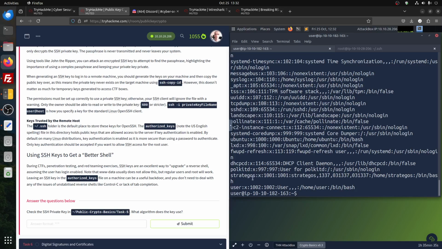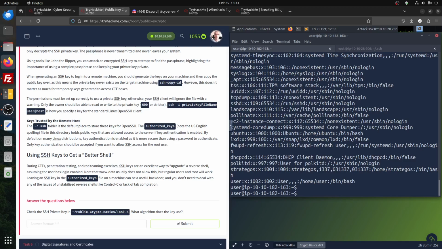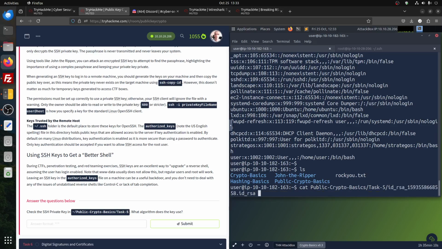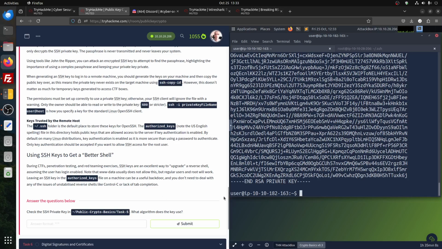So this is one of the uses in the other rooms. Okay, let's see. It said check cat public crypto basics task 5. Task 5, what do we have in task 5? We have id. If we cat this, yeah, this is an RSA.